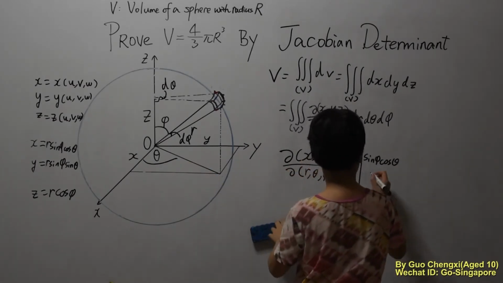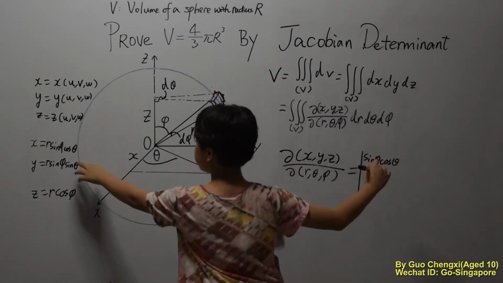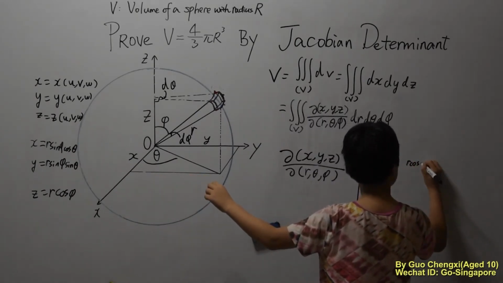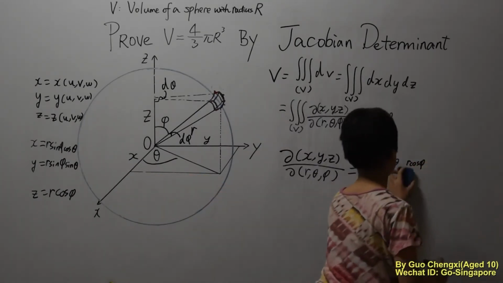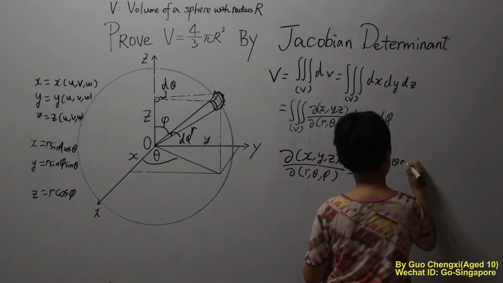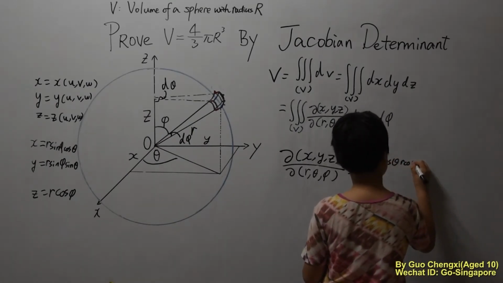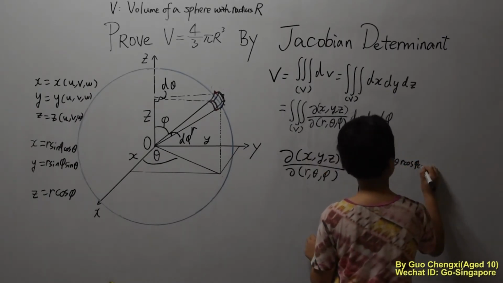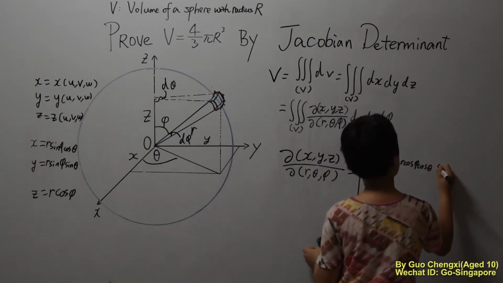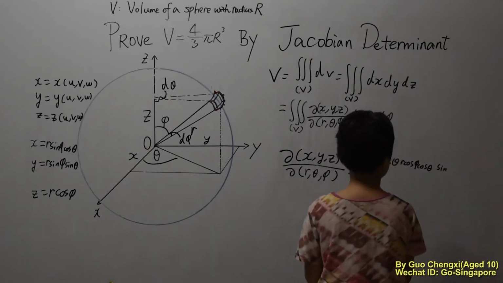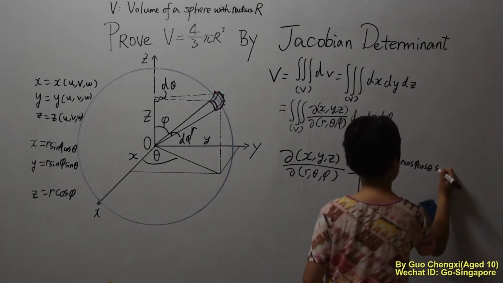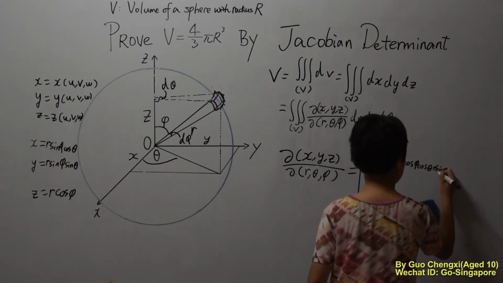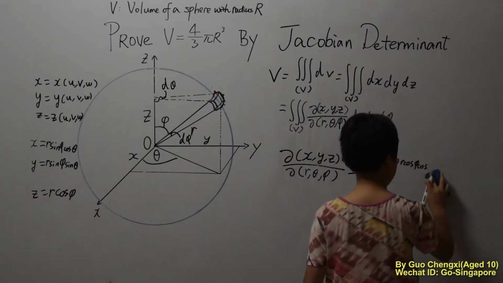Then after that, r cosine phi cosine theta. Then sine sine phi, but over here got negative, okay?